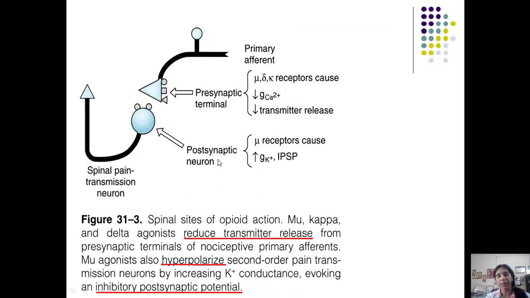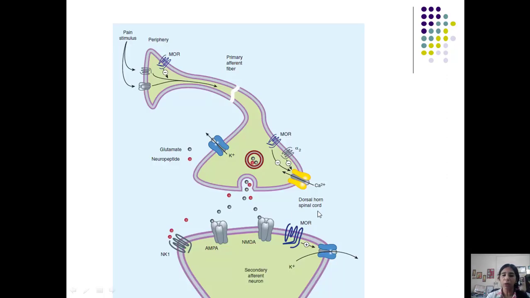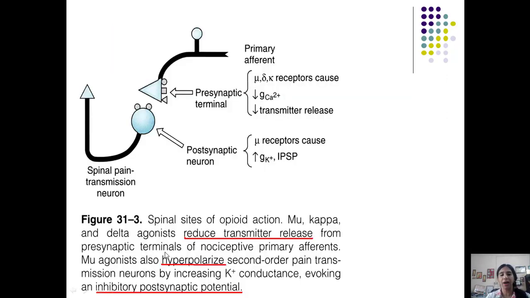If you see how they inhibit it, these are the spinal sites of opioid action, mu, kappa and delta agonists. They reduce the transmitter release from the presynaptic terminals of the nociceptive primary afferent. This is the first order neuron.